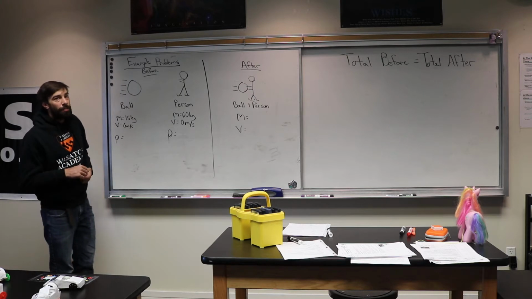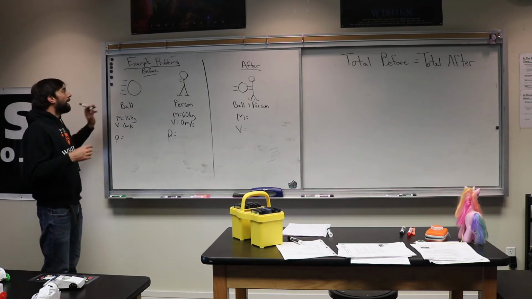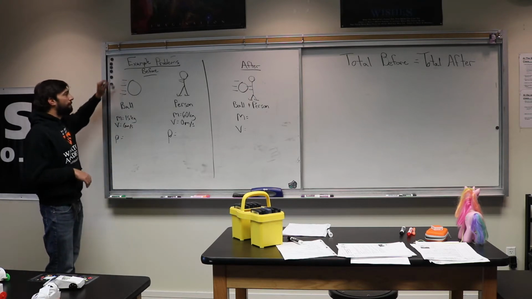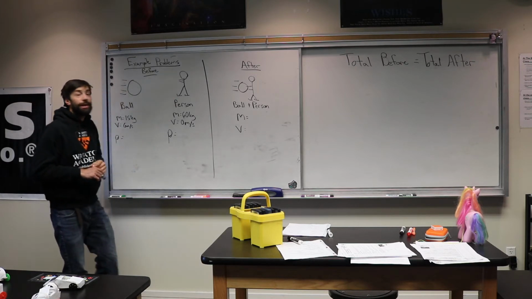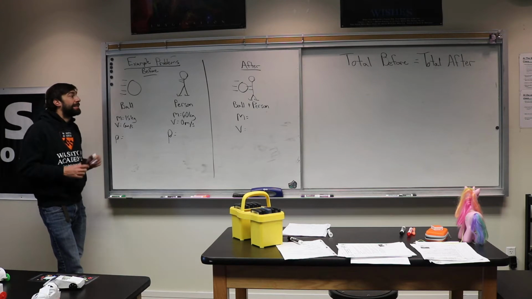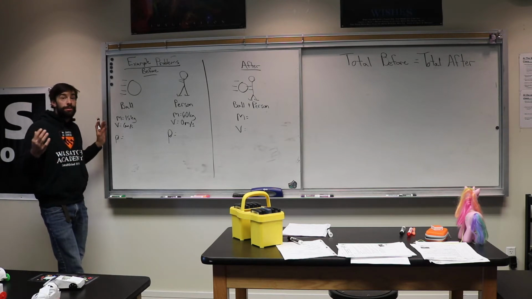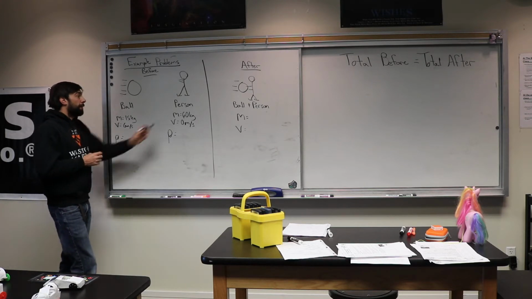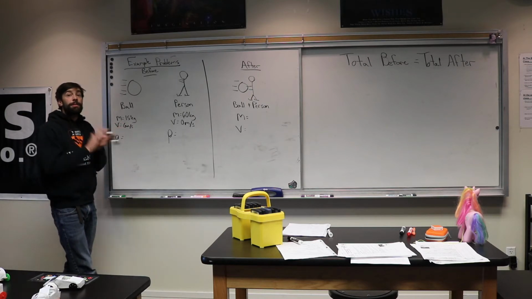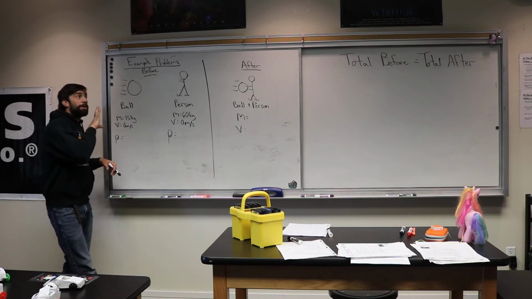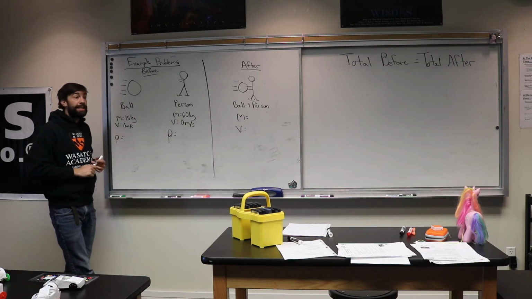In this problem we have one object, a big ball, going ahead and colliding with a person, and those two objects are going to stick together. The person is on skates, and when the ball collides with the person, the ball will start to move together with them.